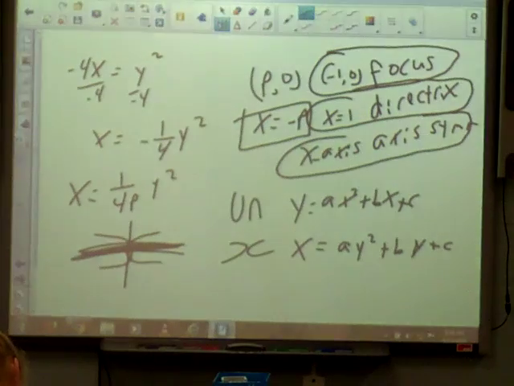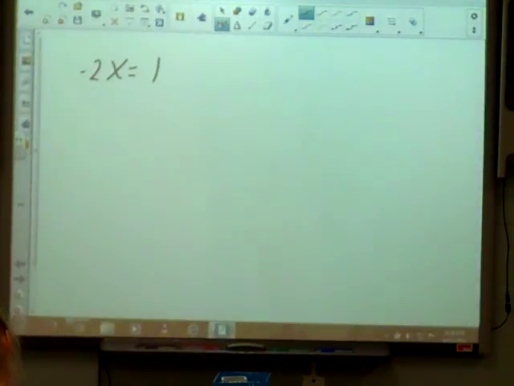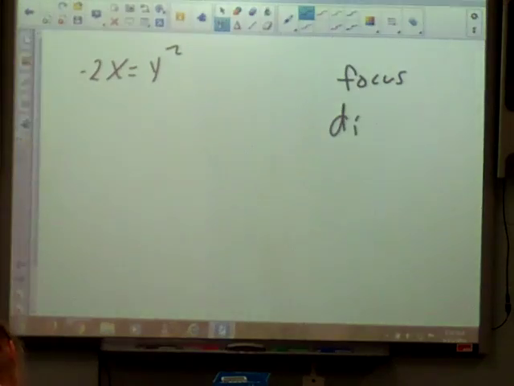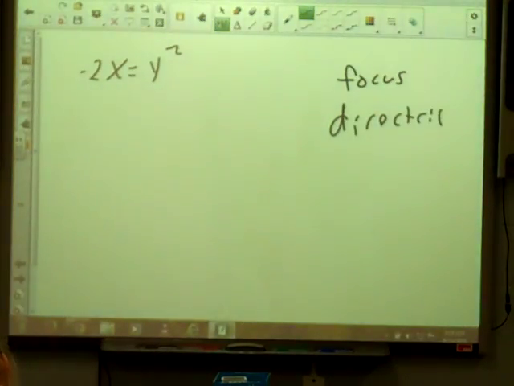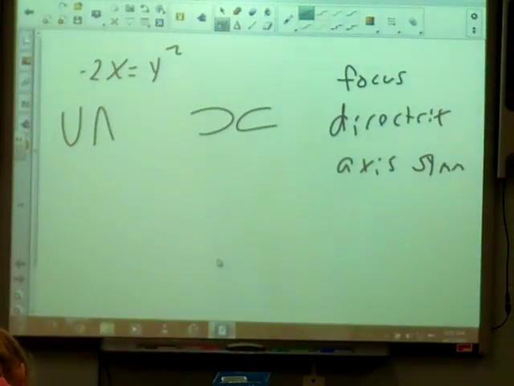Okay, let's look at negative 2x equals y squared. Same things: focus, directrix, and axis of symmetry. So I want to know, is this thing going to be a normal one, or is it going to be a sideways one?